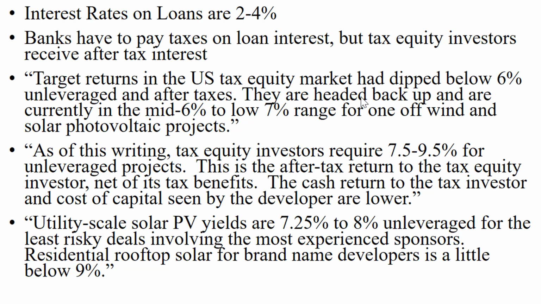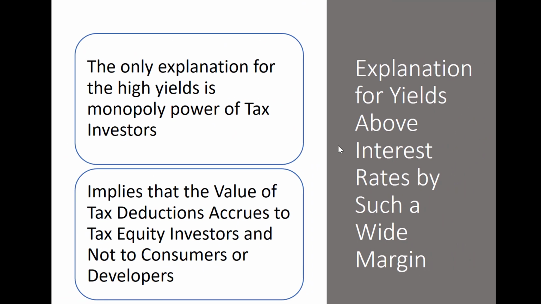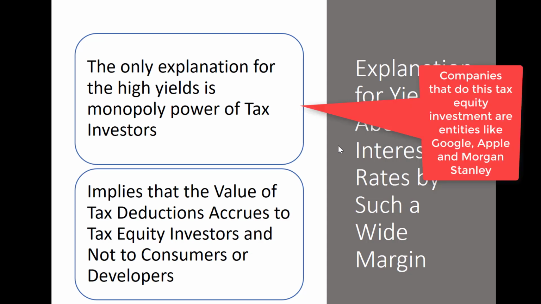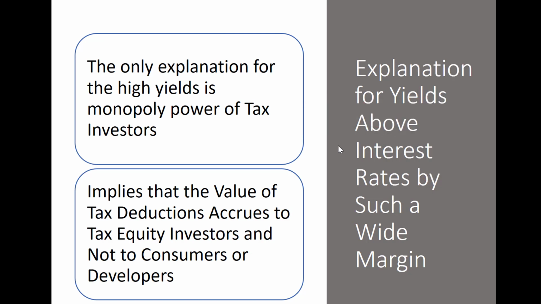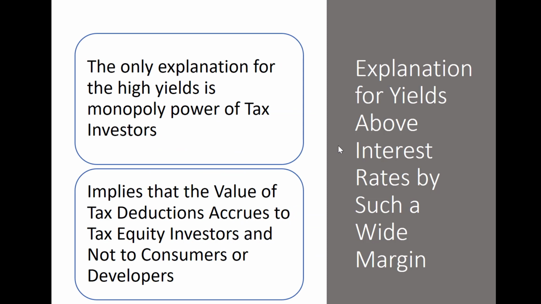So once you do all of that, they're incredibly high returns, really. Okay? Now, I can only have one explanation: these people who actually pay some taxes and need these tax benefits, there are just a few of them, and they kind of have the power, whatever, political monopoly power. And what the whole thing does is say, well, these loans, you call them tax equity, they're really loans, but if these get such a high interest rate, they're getting the benefit.